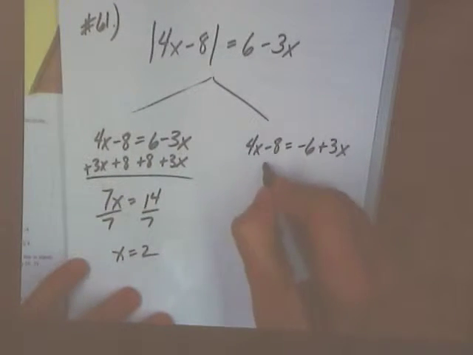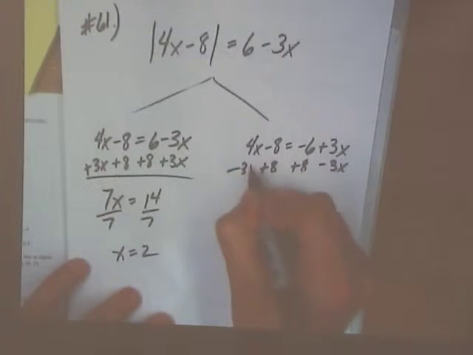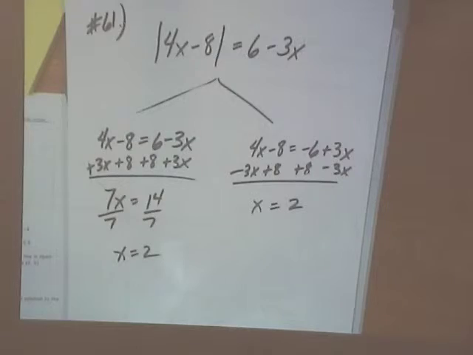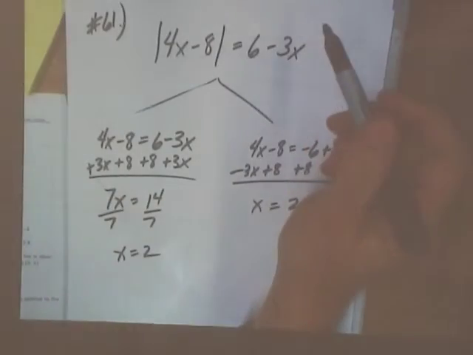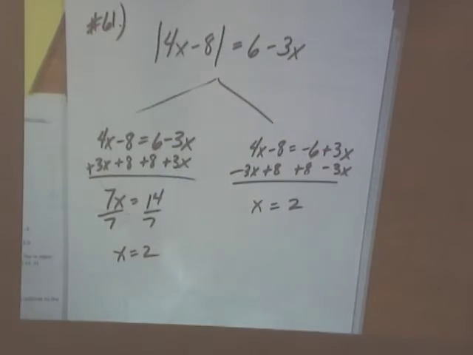Or what's going on here? Plus 8. X equals 2. All right. Whenever there's a variable on the right-hand side for absolute value equations or just equations, it's a good idea to check your answer.